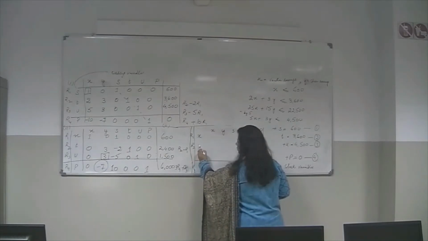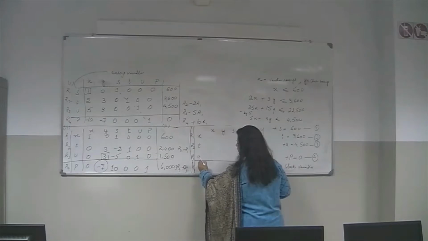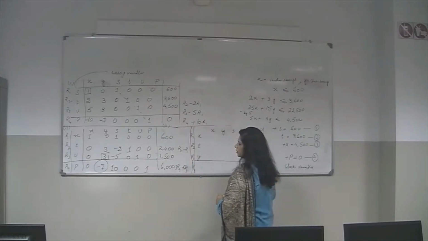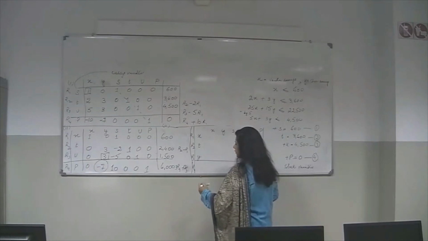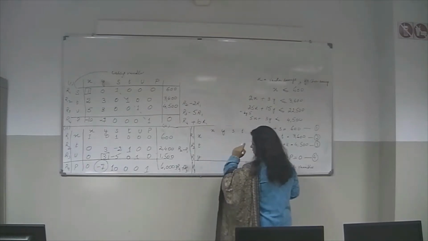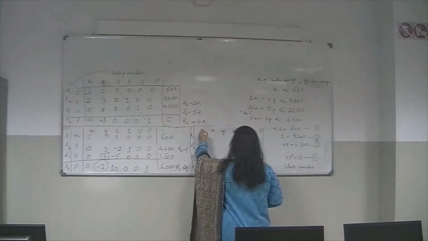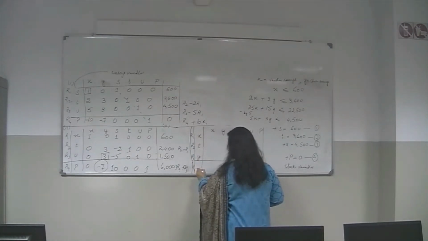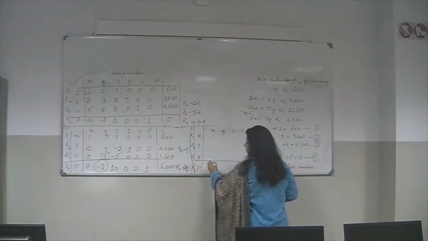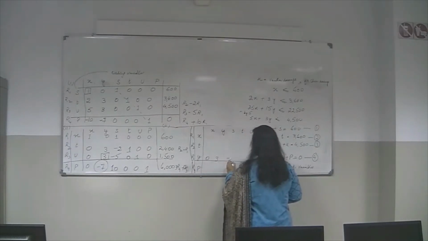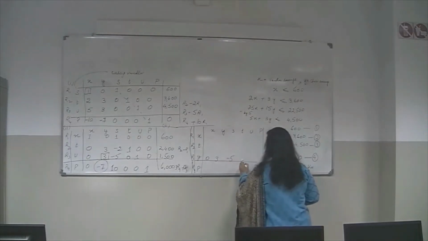This is T. Row 3 would be Y in this case, and U would be the exiting variable, the exiting slack variable. Let me write down the whole values. And this is the P value. For R3 it's 0, 3, minus 5, 0, 1, and 0.